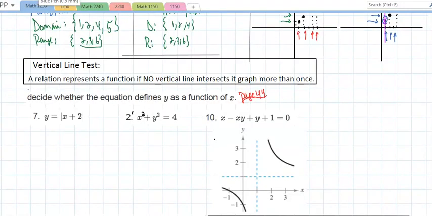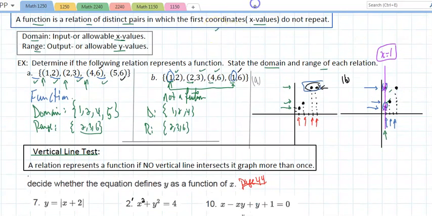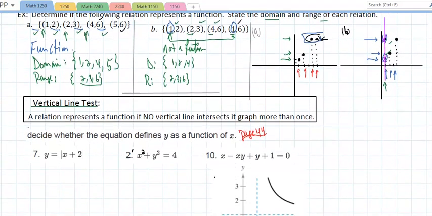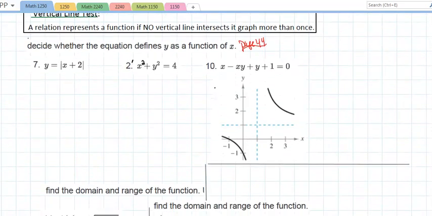Alright, so here's the vertical line test, and they get that out of the original definition because, as we mentioned, if you line up the points with a vertical line and it crosses more than once, that means x repeats more than once and therefore not a function. So, a relation represents a function if no vertical line intersects its graph more than once.